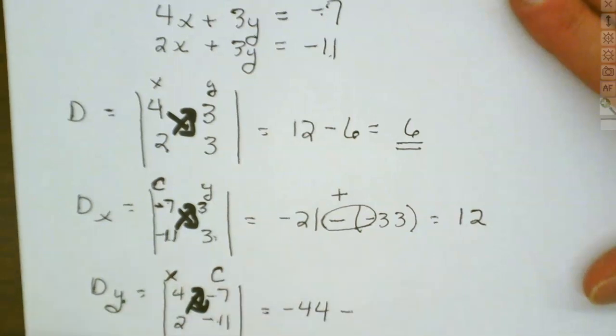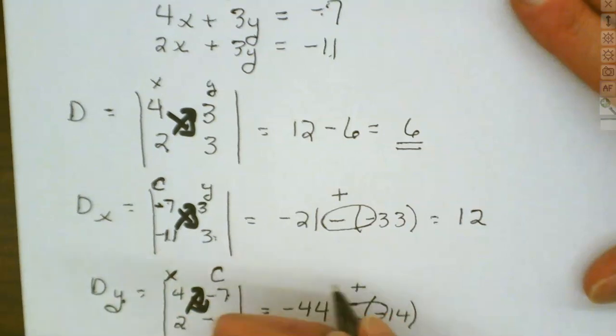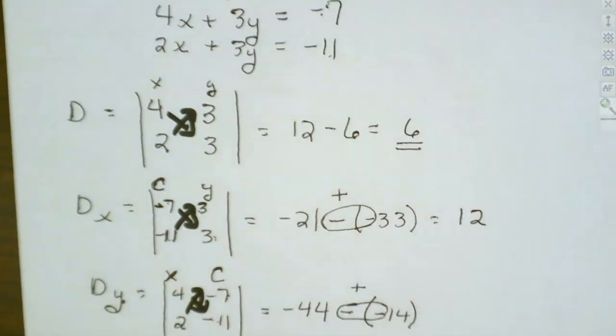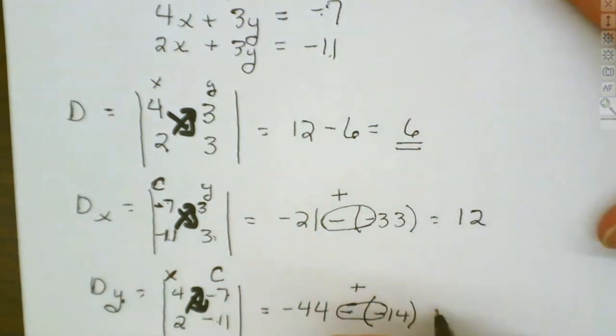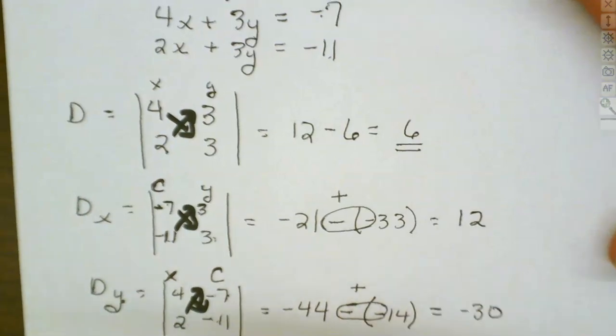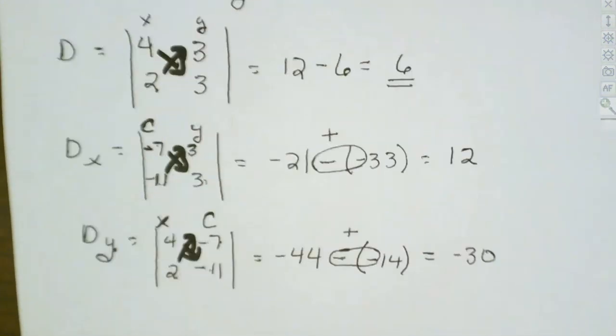Watch your signs. Minus 2 times a negative 7. 2 times a negative 7, that's a minus 14. Again, be careful of your signs. There's always a negative in between. The double negative here makes it a positive. And now we've got a negative 44 plus 14. That comes out to be a negative 30, doesn't it?